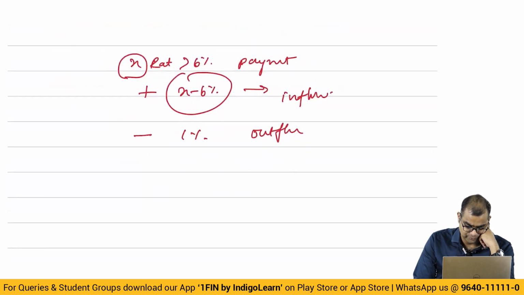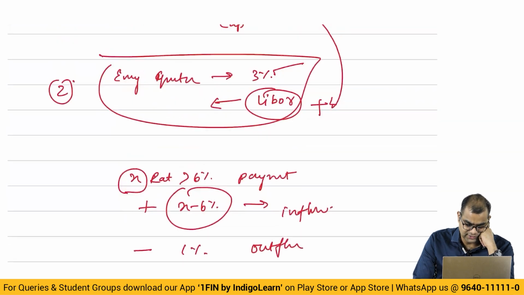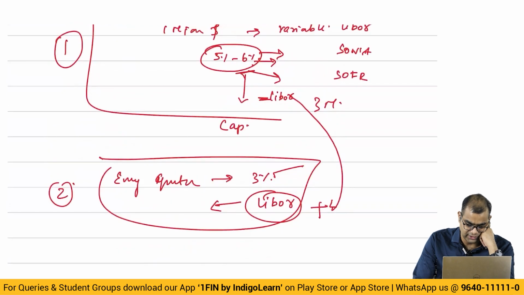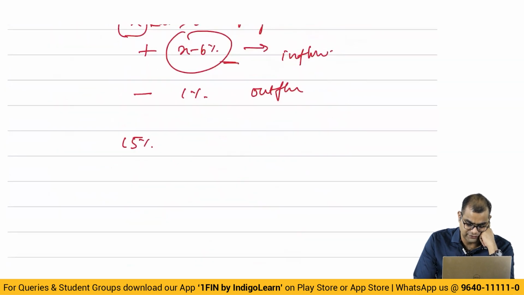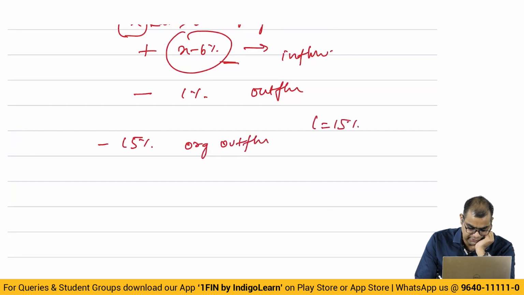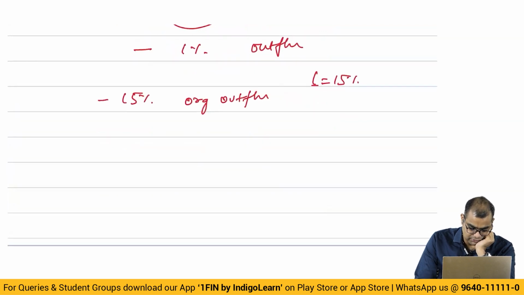So what happens? Let's say suddenly LIBOR is 15%. My comfort rate is 5 to 6, and I have entered into a cap of 6. So I'll have to pay somebody 15, the original lender. This is my original outflow. Why? LIBOR is 15. Agreed? But what will happen?